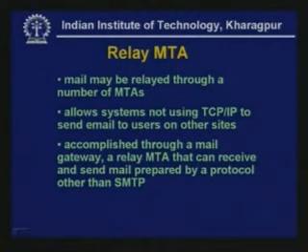So these relay MTAs are very important. First of all, by looking at the address remotely, it may not be possible to disambiguate the address of the final mail server who is going to give it directly to the user agent.